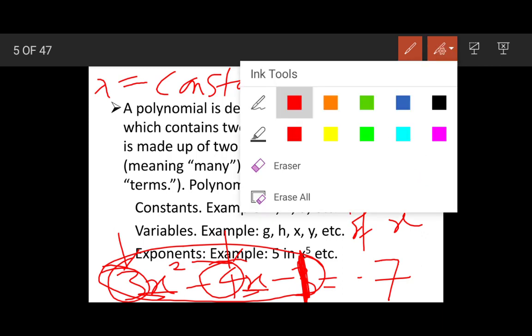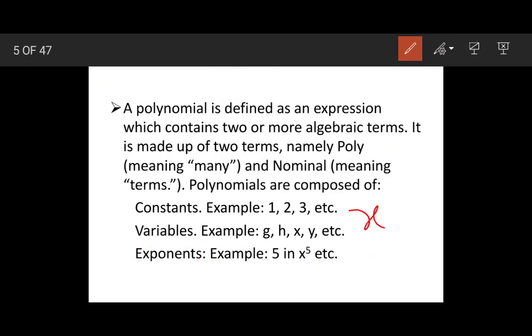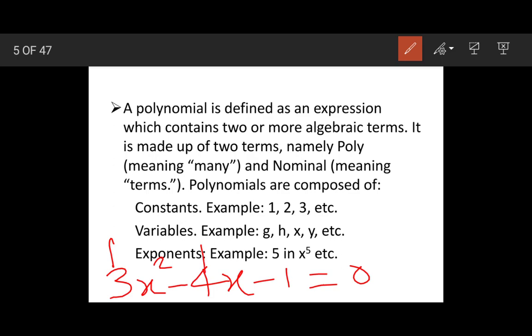Variable. What is variable? Variable is x. So class, by combining coefficients, constant, variable, then exponent. Suppose equation is 3x square minus 4x minus 1 equal to 0. Then 3 and 4 are coefficients. 3 is a coefficient of x square, 4 is a coefficient of x, minus 1 is a constant, x is the variable.